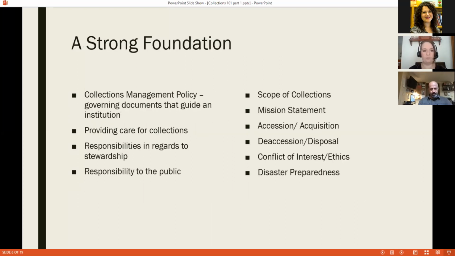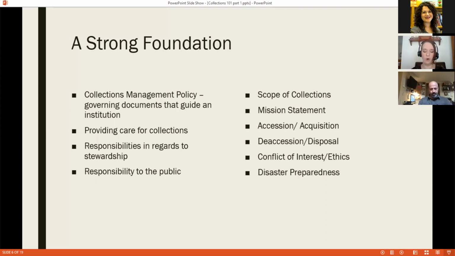So one of the most important things for a scientific institution, in my opinion, is having a strong policy, and in particular a collections management policy. There are many more parts to a collections management policy than what I have here, but these are some of the ones that I think pertain to the subject matter of this presentation the most.